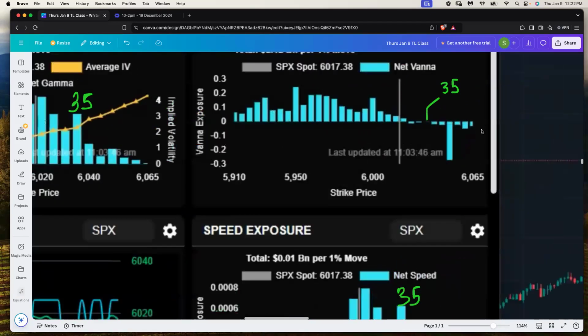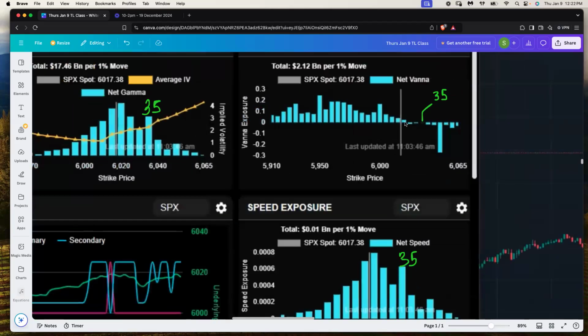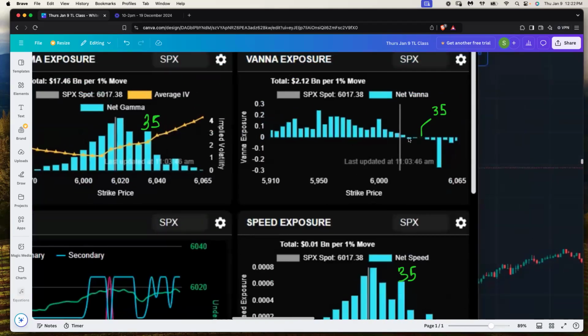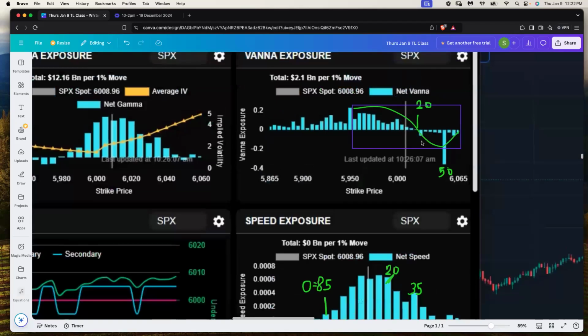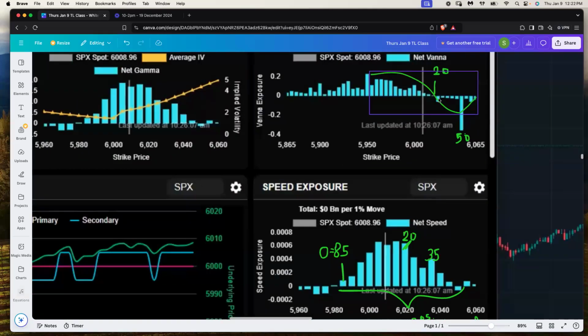And then let's take a look at Vanna. And sure enough, the Vanna flip point has moved, or, hasn't moved, hold on. Where's flip? This is 35, 30, so this is 25. Yeah, so it did move, right? So this is now 25, whereas here it was, oh no, it's about the same, but the bar is different.